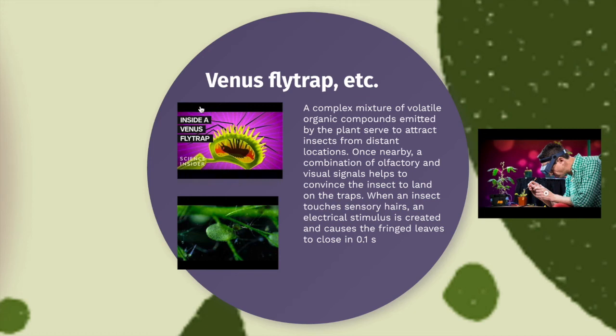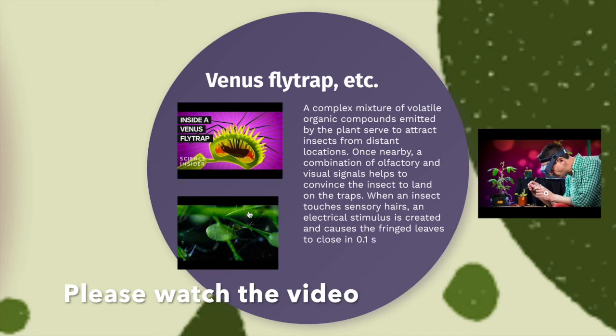You see here, this is the Venus flytrap that can move really fast, in 0.1 second, because they have hairy sensors inside. When any object comes, they trap their prey. And this is like a suction.